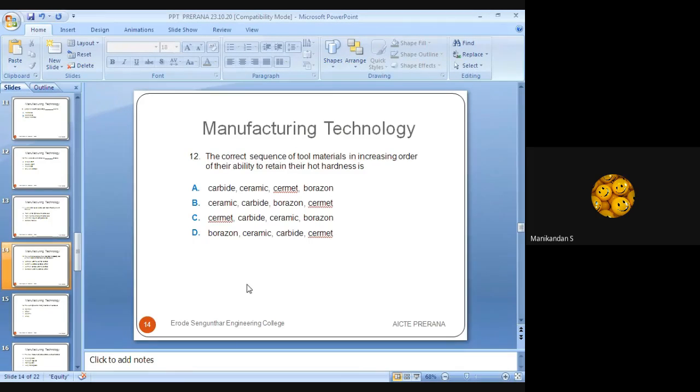Next one. The correct sequence of tool materials in increasing order of their ability to retain their hot hardness. Kindly understand the question clearly.